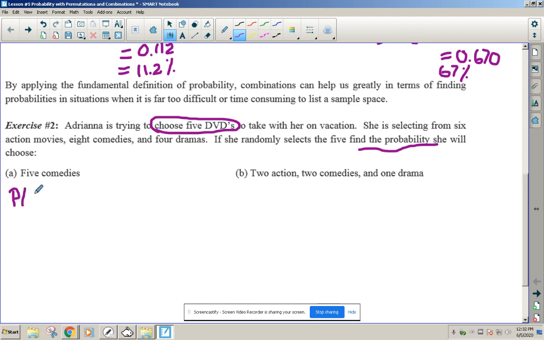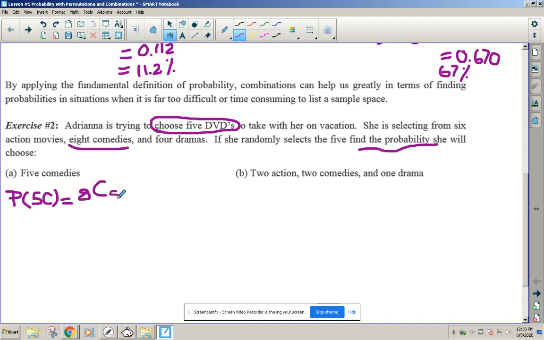Well, if I want 5 comedies, the probability that she's going to choose 5 comedies is going to be, from the 8 comedies in her pile, she's going to choose 5 of them.